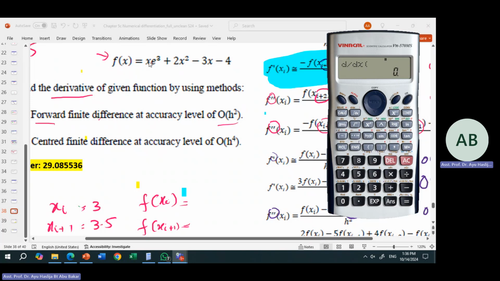Okay, then sub, key in your equation, exponent, power 3.